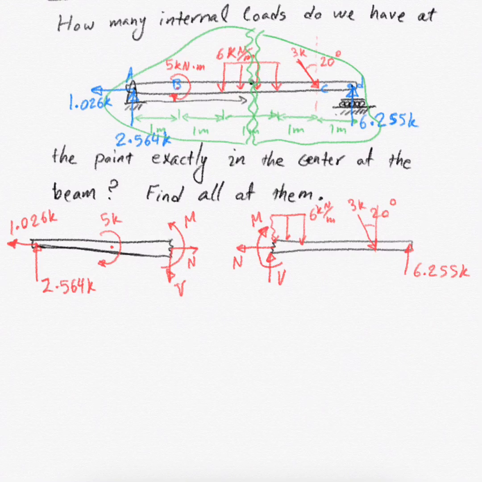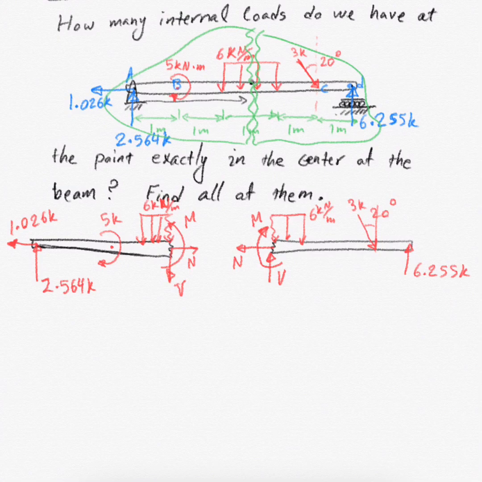And don't forget, you also have a part of this distributed load because we cut it in the middle, and its top is 6 kilonewton per meter. So this is the FBD for the system on the left. That's a complete FBD for the system on the left.